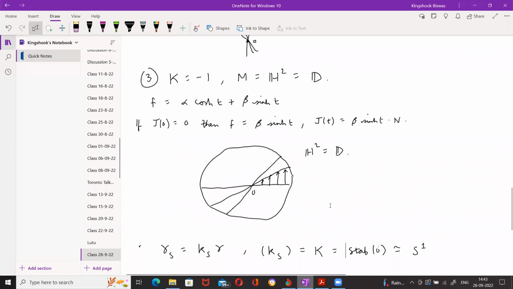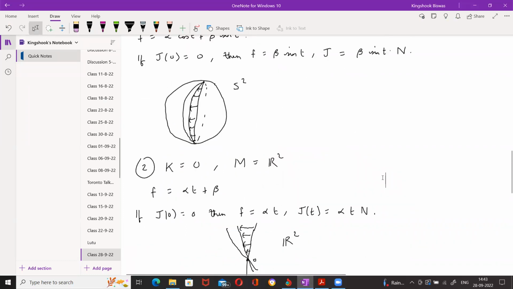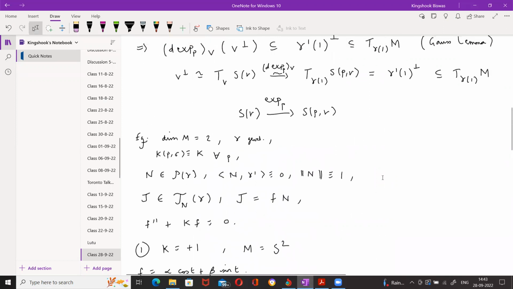Okay, so we saw that in the two-dimensional case, looking at the Jacobi equation for a normal Jacobi field leads us to the standard second order scalar linear ODE, f double prime plus kf equal to 0, where k is the sectional curvature along the geodesic.